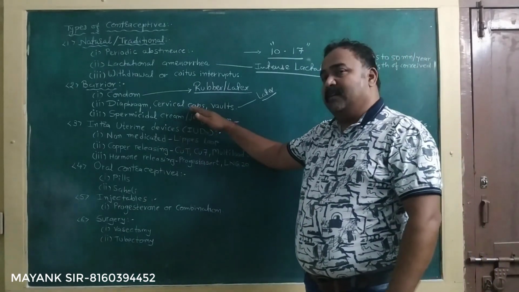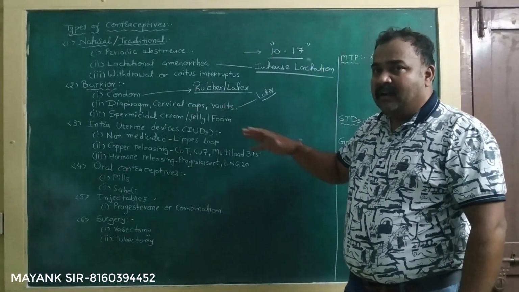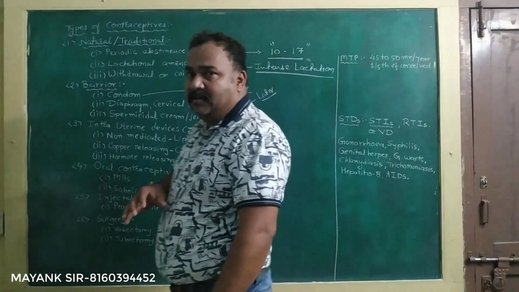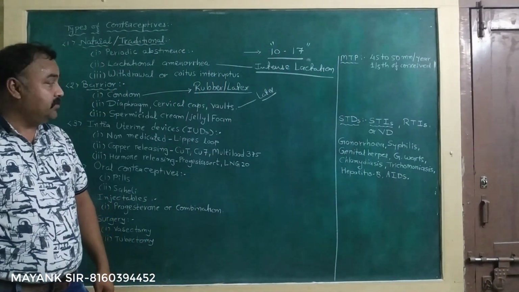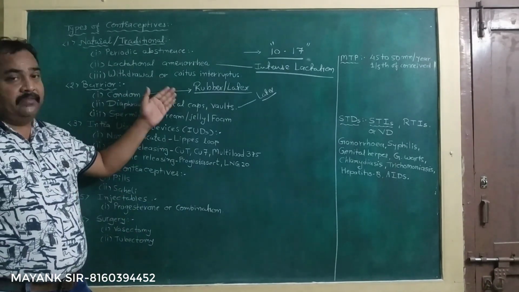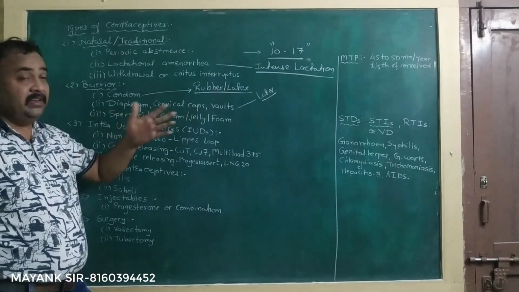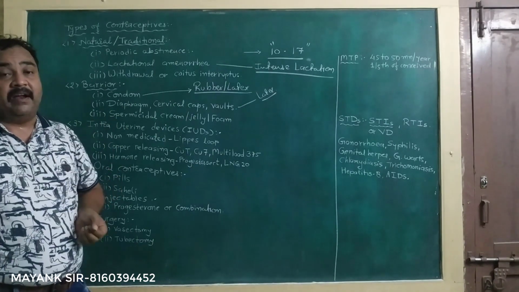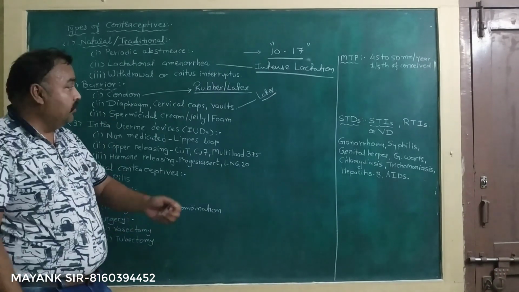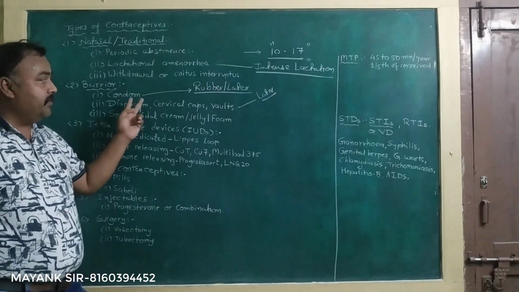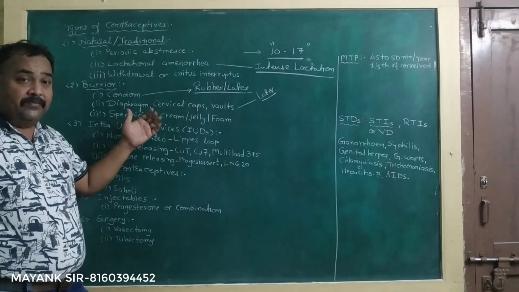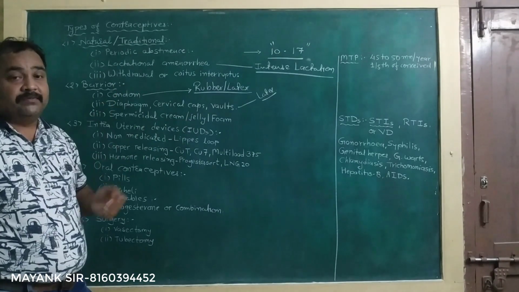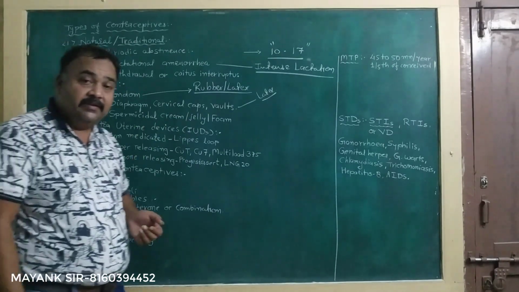Nowadays these are very much utilized structures, along with condoms. Nirodh is a popular brand of condom, right? Along with condoms, diaphragms, cervical caps or vaults, spermicidal foams, jellies or creams are also utilized.